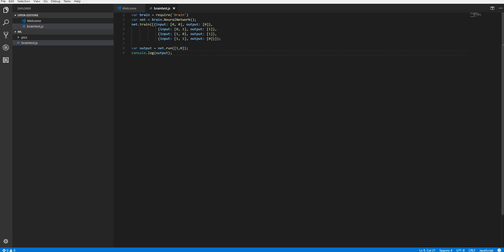Okay, we prepared our libraries first of all, and then we decided to use the neural network part of this brain library, and we prepare a train set, and also our target to create some result. Let's see what will happen.